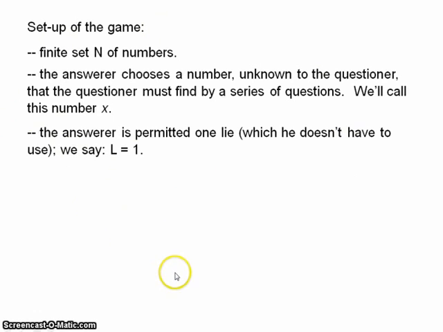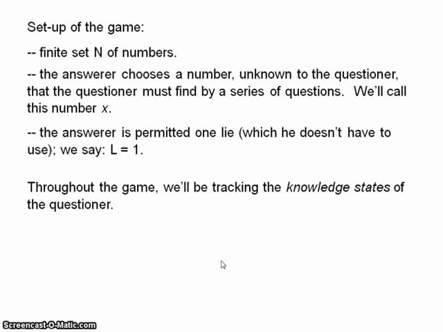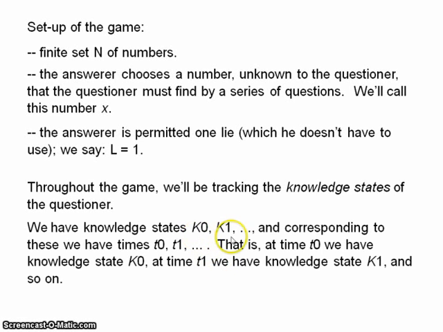Now, throughout the game, we'll be tracking the knowledge states of the questioner. We have the knowledge states K0, K1, K2, and so on, and corresponding to those knowledge states we have the times T0, T1, and so on. At time T0 we have the knowledge state K0, at time T1 we have the knowledge state K1, and so on.